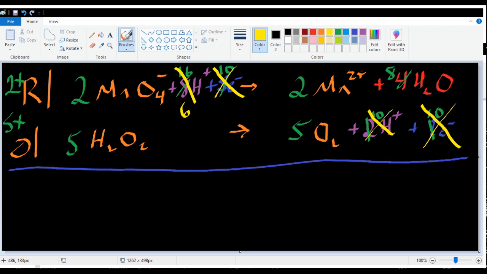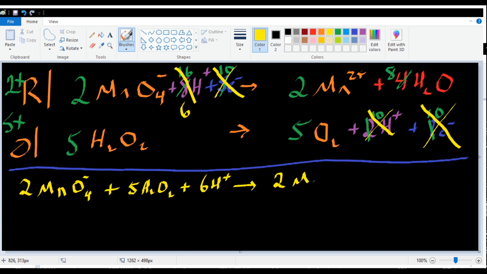So now we just add them together. All the reactants, all the products. All right.